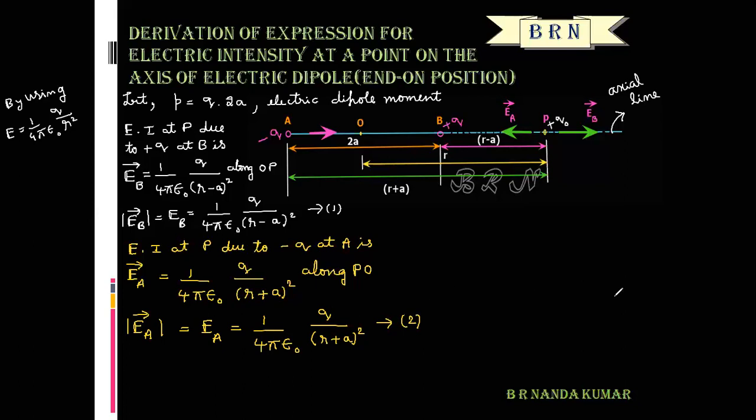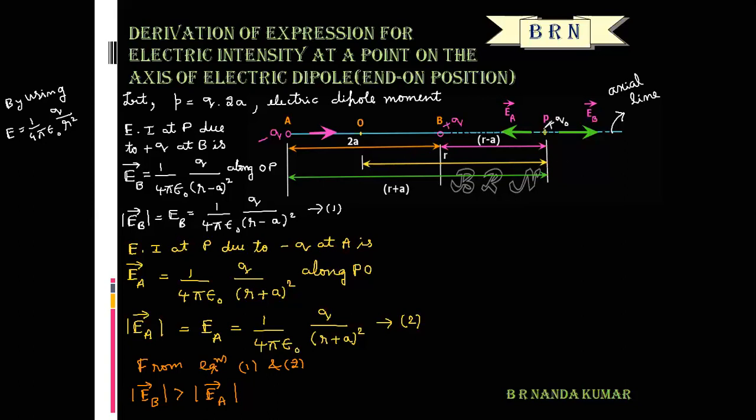So now comparing the two equations, 1 and 2, what is your conclusion? That is very, very important. From equations 1 and 2, we can conclude that the magnitude of EB vector is much greater as compared to the magnitude of EA vector, right?